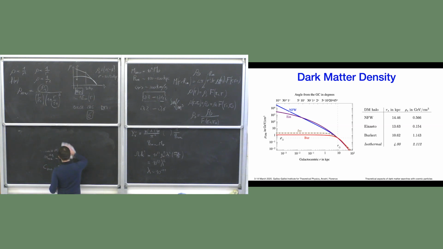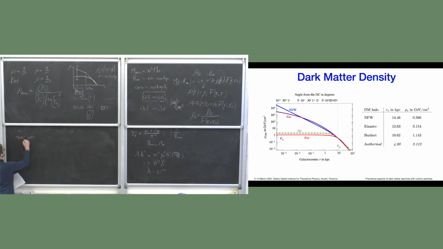One is, of course, the Milky Way. As I will show you tomorrow, the center of the Milky Way is the direction from which we expect the largest flux of gamma rays in the universe. So the Milky Way is a possible target, and the dark matter density follows those results.